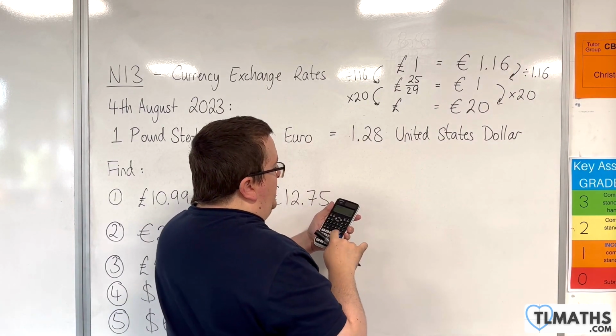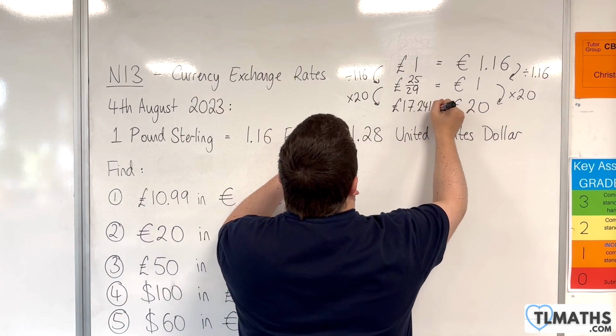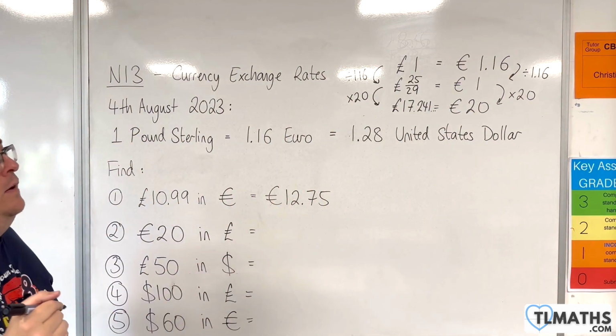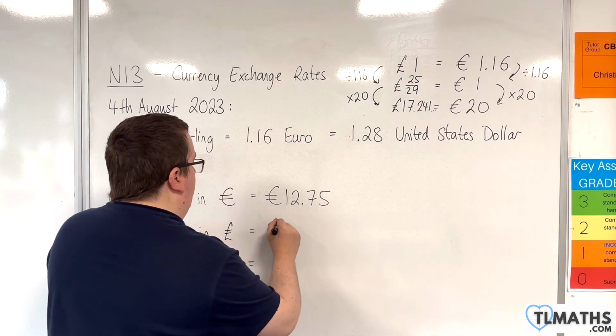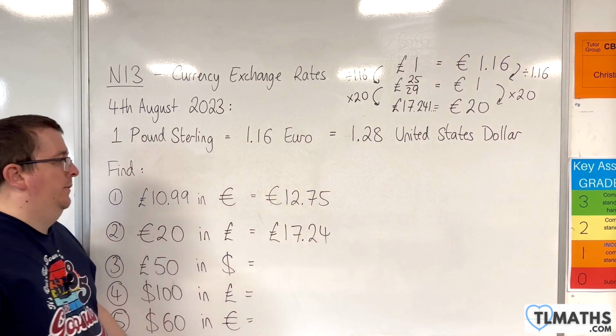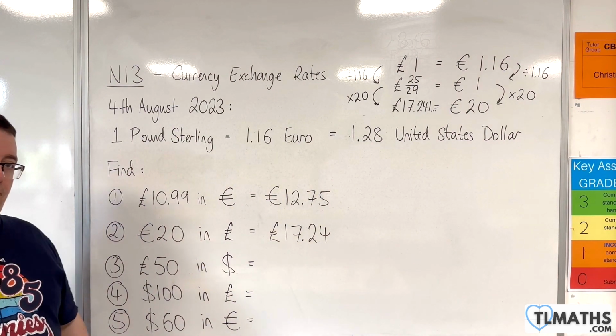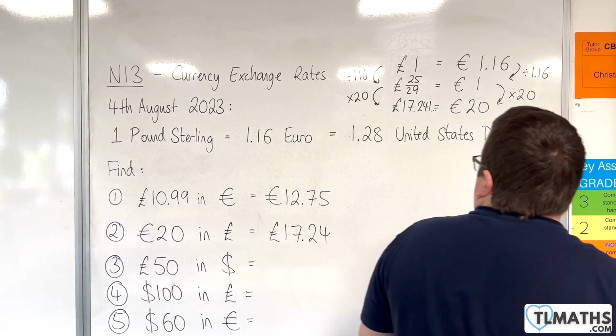Now I want to turn that into a decimal, so that's 17.241, etc. Now you need to round that to 2 decimal places, so that will be £17 and 24 pence. So that's our method.